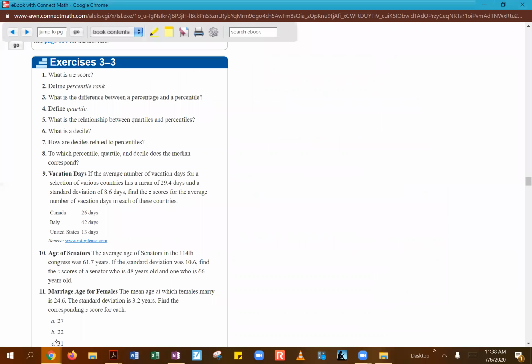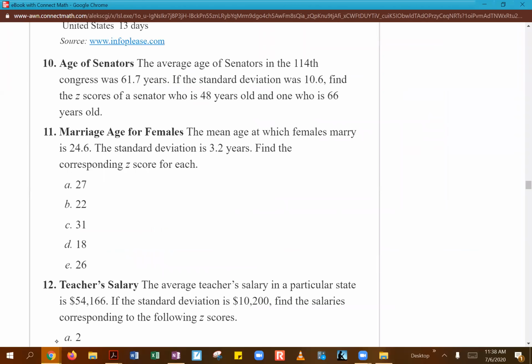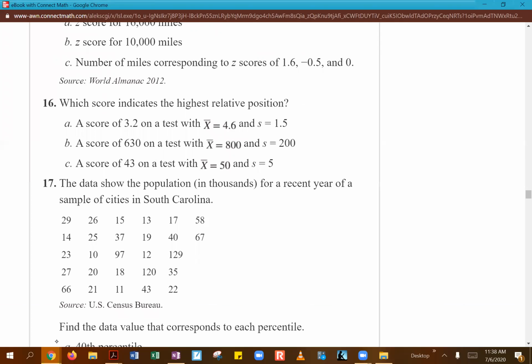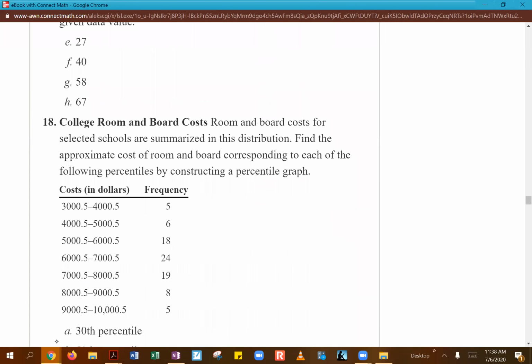Let's take a look at a couple of examples where we need to calculate these deciles and quartiles. Let's see what kind of example we have here.